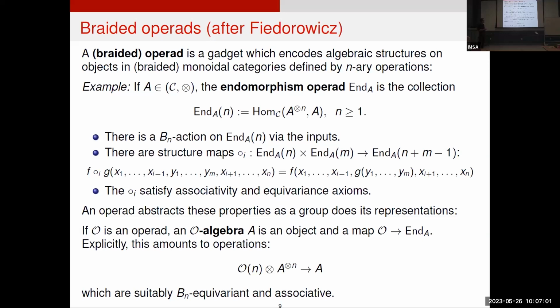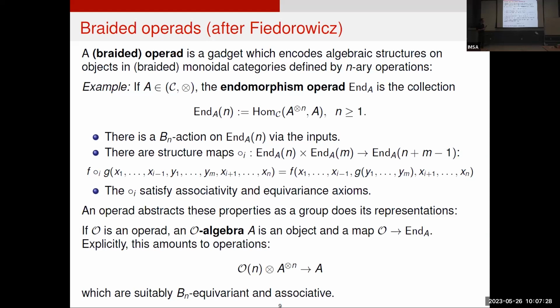And then there are various associativity and equivariance axioms about the order of compositions and how the braid group acts and interacts with the inputs and so forth. If I write them down, they'll be here for the rest of the day, so I won't do that. And then a braided operad in general is going to abstract these properties away in the same way that a group abstracts away the representation.